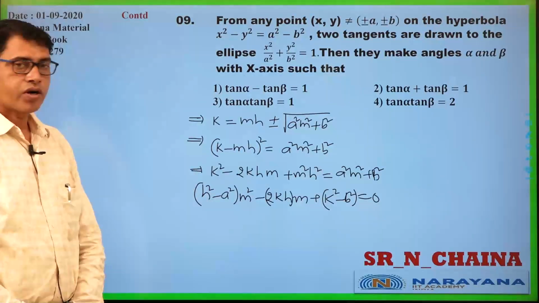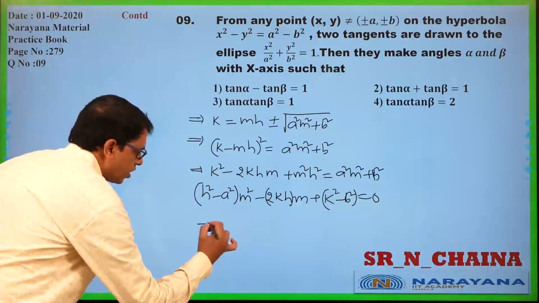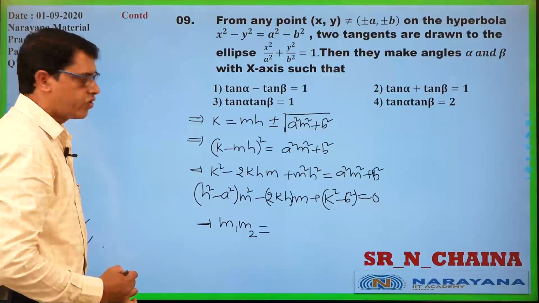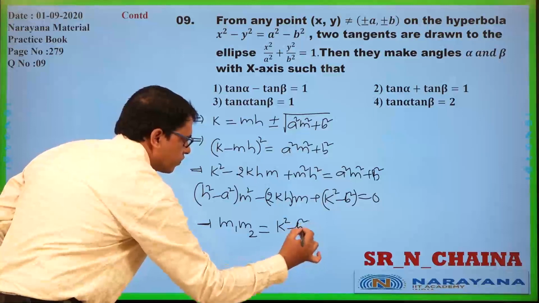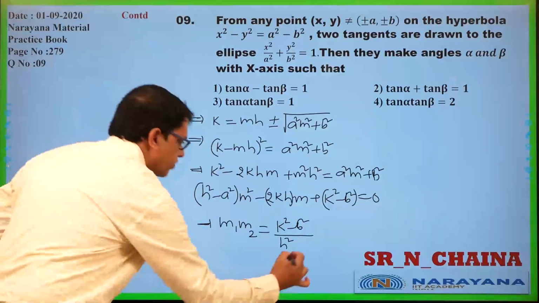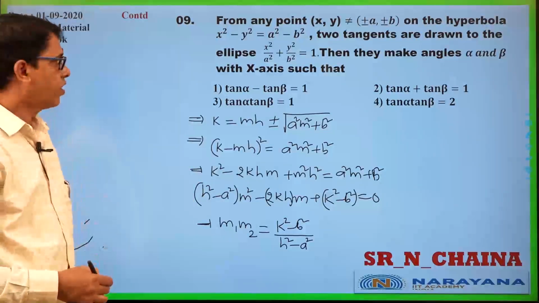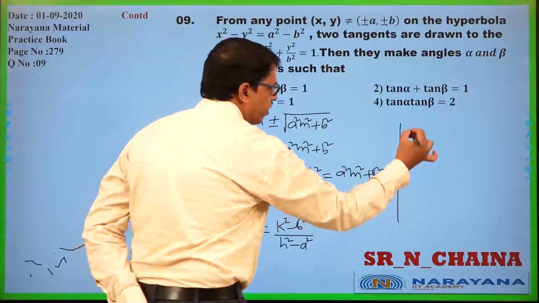Now if you take the product of the slopes, that implies m1 into m2 equals c by a, so k square minus b square upon h square minus a square. Now back to equation 1. What was equation 1?